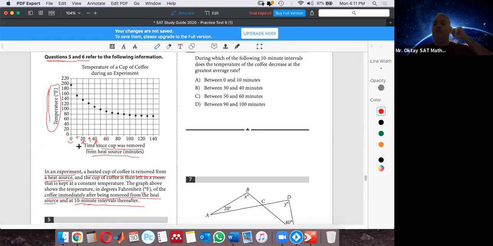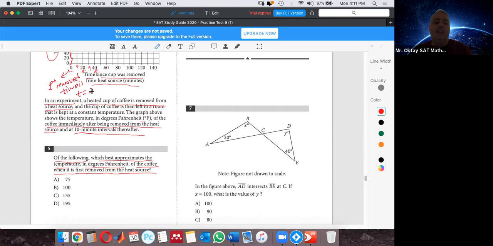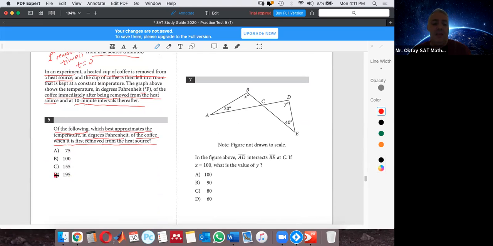When we first remove it, no time has passed, so t is equal to 0. When t is 0, what is its Fahrenheit? Approximately, going up, it is very, very close to 200, but not 200. Maybe 190, maybe 195. Let's check the alternatives. Yes, 195.